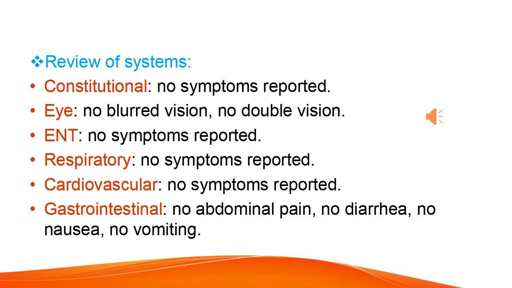Review of systems. Constitutional, no symptoms reported. Eye, no blurred vision, no double vision. ENT, no symptoms reported. Respiratory, no symptoms reported. Cardiovascular, no symptoms reported. Gastrointestinal, no abdominal pain, no diarrhea, no nausea, no vomiting.